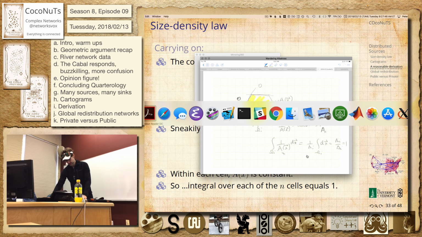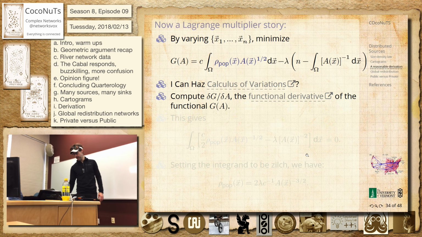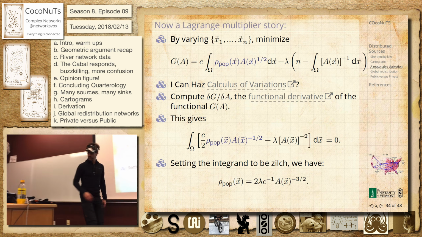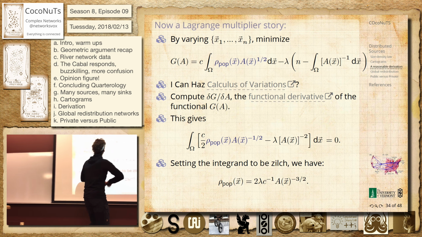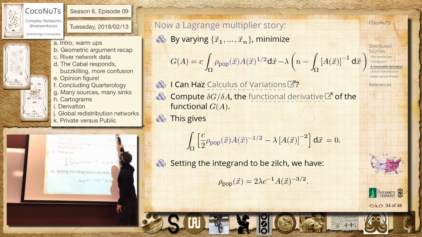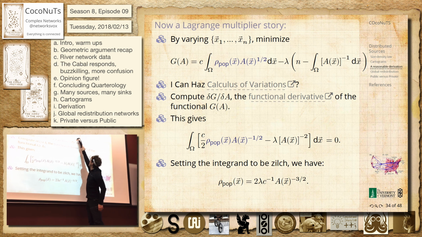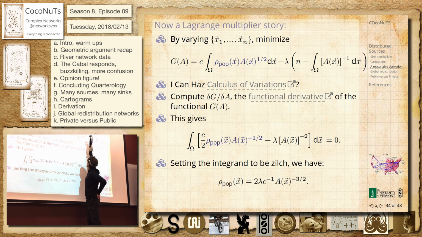So why are we doing that? It means that now we can write this down. That's the thing we're trying to minimize. This is a Lagrange multiplier type situation, and this is our constraint. We put lambda times the constraint, which we'll write as something equals 0. So it's the integral over this inverse area thing has to equal this n.